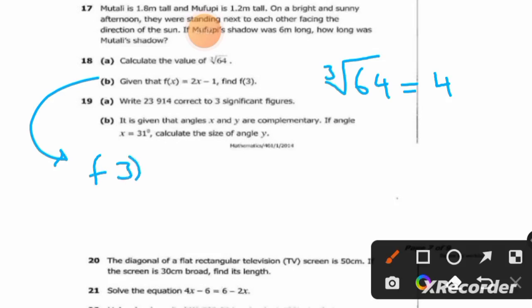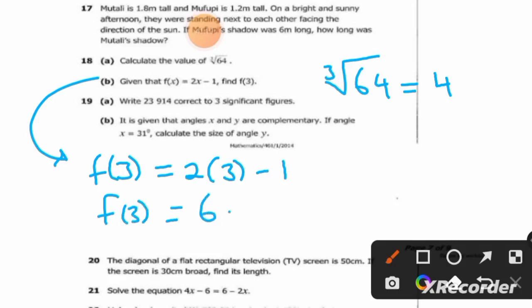So f of 3 is equal to 2 times 3 minus 1, which is 6 minus 1, which is equal to 5. So our answer here is 5.